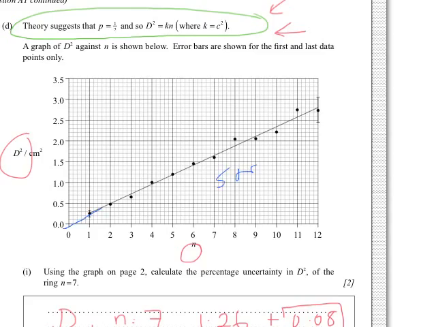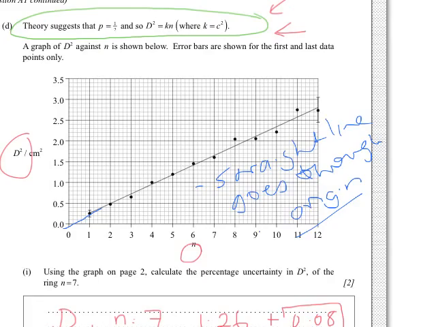So it's a straight line, and it goes through the origin. Both of these things: if either of these are missing, it's not proportional.